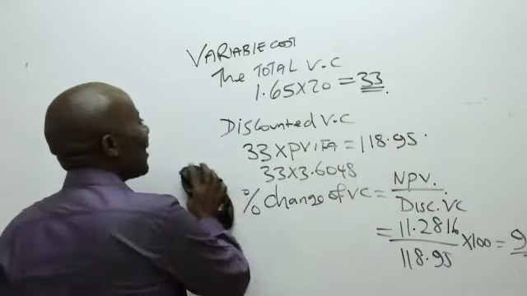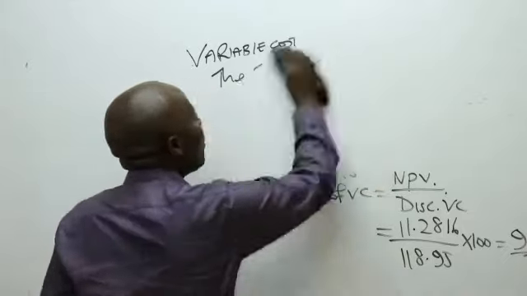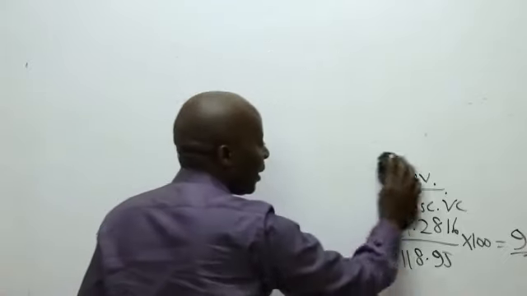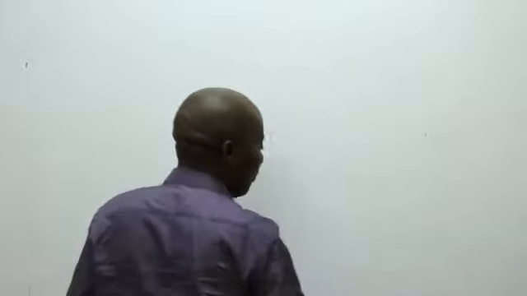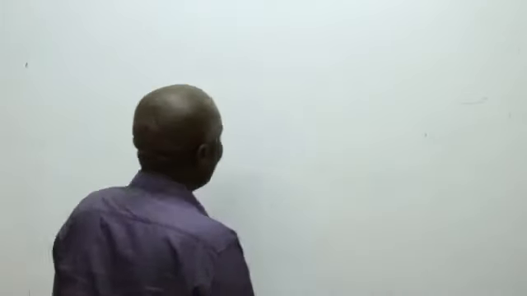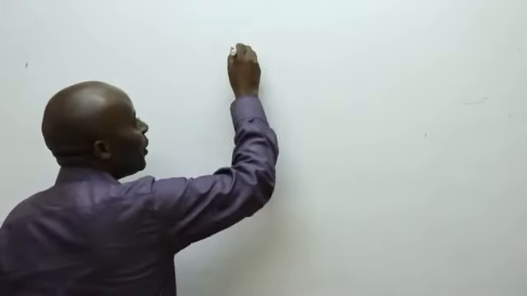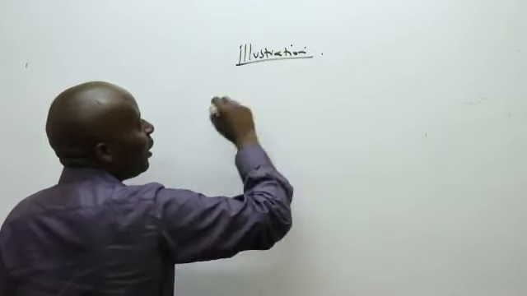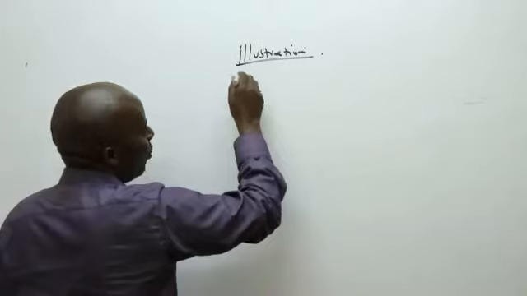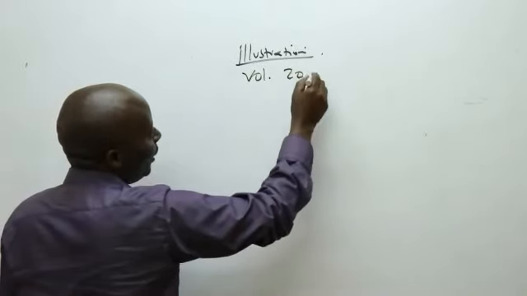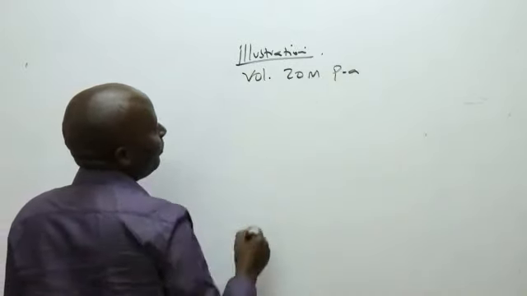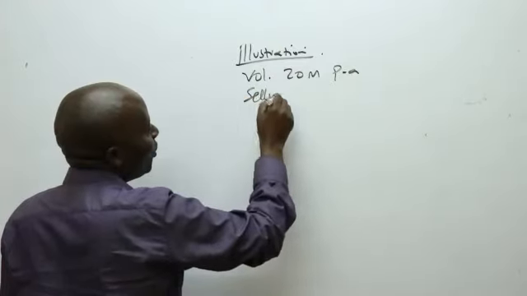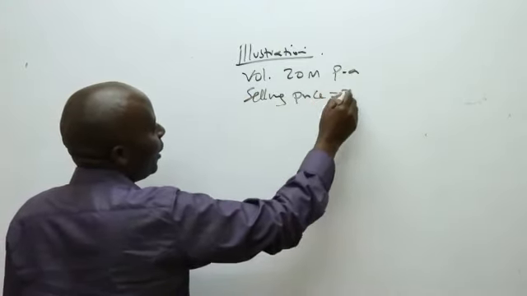Very good. Ladies and gentlemen, I would want us straight away to look at this second scenario, another illustration, the same question, but now this time around, where volume is 20 million per annum, selling price is 3.